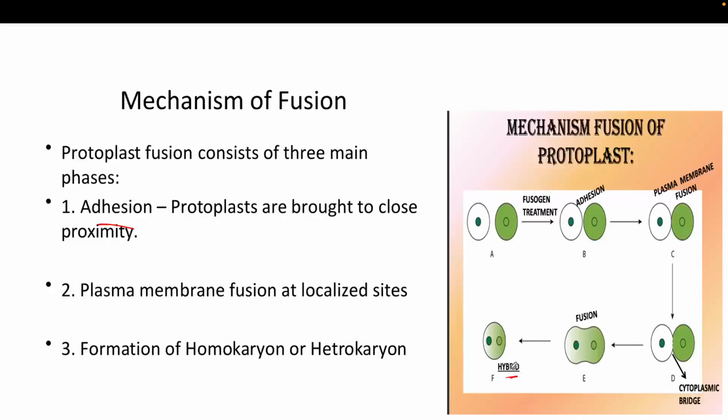When you are fusing two of the same cell, it leads to a homokaryon, and when you are fusing two different types of cell, it leads to a heterokaryon. This hybrid is called the heterokaryon, and if you are fusing two cells of the same species, it is called the homokaryon.